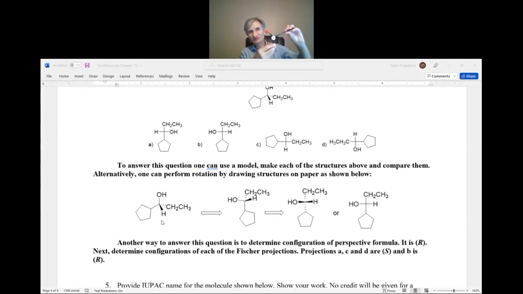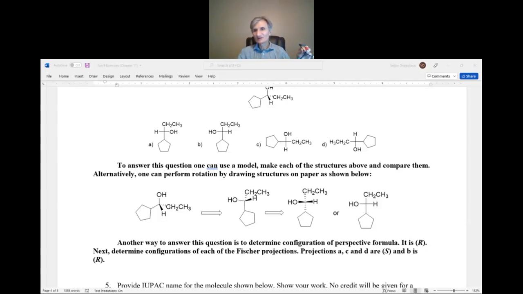And if you're dealing with a drawing, we simply move cyclopentyl down like this, so that it's kind of vertically down, and then flip the molecule like this, and just move it like that, and that's it. That's what we do on paper with a drawing. That's the procedure, and that's how we went from OH being vertical in the plane of the drawing to projecting towards you.